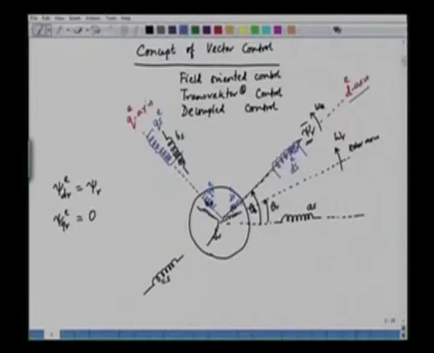So, this is our current i_ds^e in the d axis, and this is i_qs^e in the q axis, and similarly we have i_dr^e in the d axis rotor, and i_qr^e in the q axis rotor, and these currents will be DC currents in the steady state. Since the currents are DC currents, we can think of a DC machine. We can visualize a DC machine in place of an induction machine.